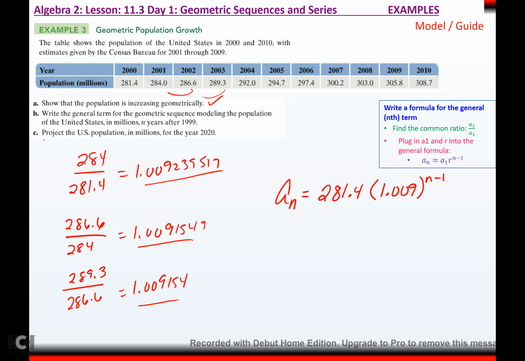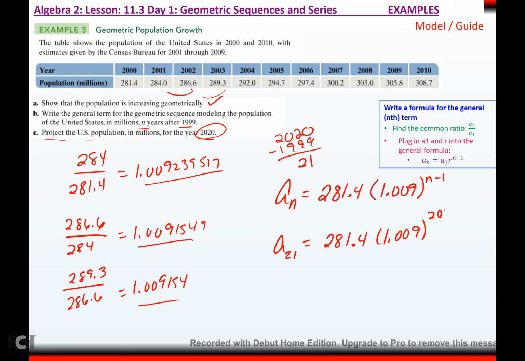And C says, project the population for the year 2020. Now remember, n represents the years after 1999. So if I take 2020 and subtract 1999, I get 21 years. So they want me to find the 21st term, which would be 281.4 times 1.009 to the 20th.